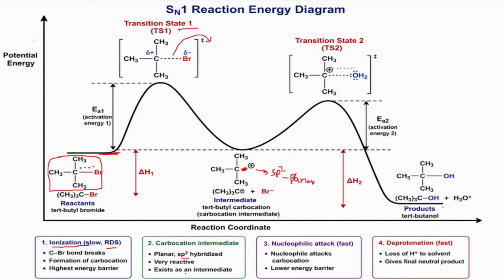It is very reactive and that's the intermediate. And in step 3, what is happening? It is not step 3, just point 3. Nucleophile attack takes place on the carbocation. Then ultimately removal of proton forms a neutral product, alcohol. This is the overall energy diagram of SN1 reaction.